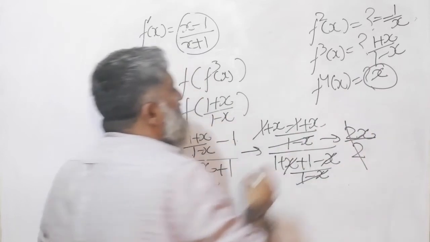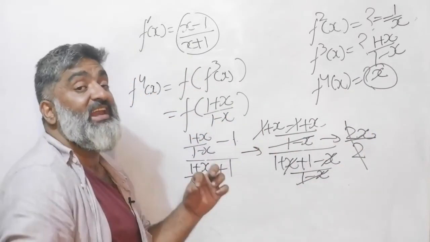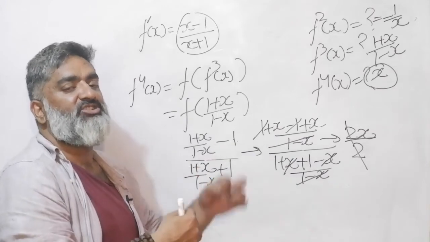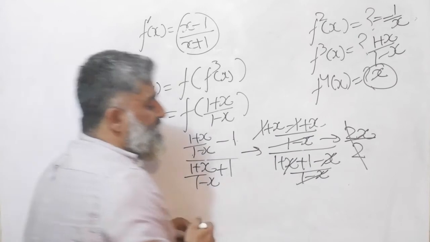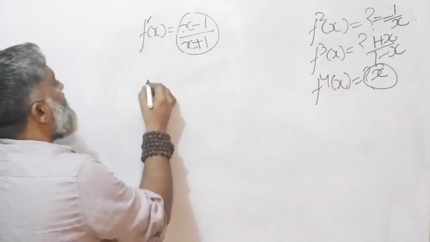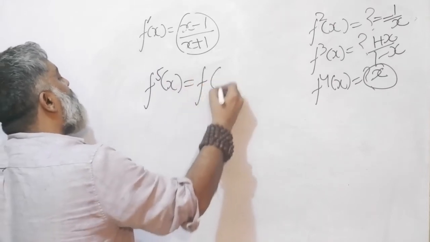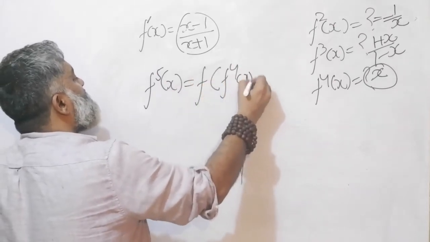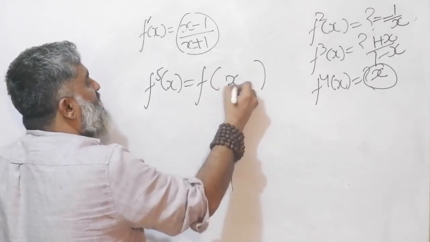And this is a very interesting point, right? Where you get simply down to x, because in the next iteration, in the next recursion, you will simply put x in the story, right? We'll see what we mean in a second. So I'm at f4 already, and now I'm thinking of f5 of x, which is the same as f of f4 of x. And this itself is nothing but f of x.